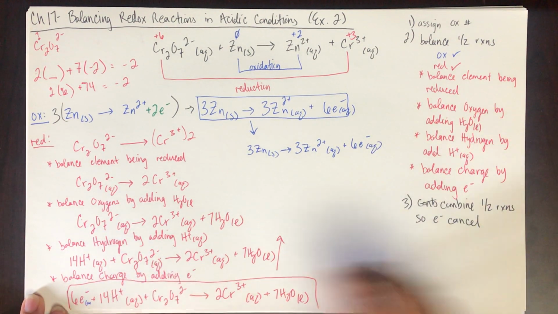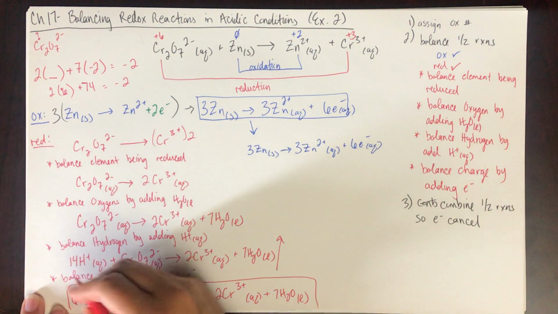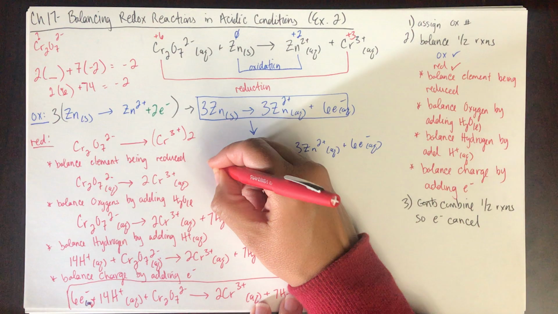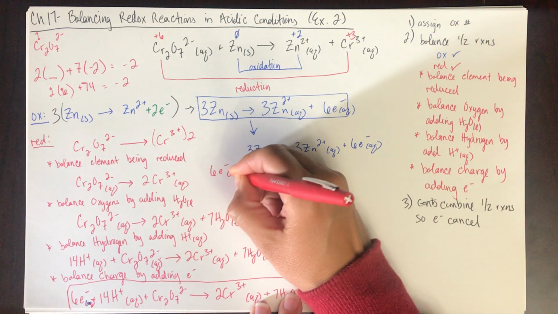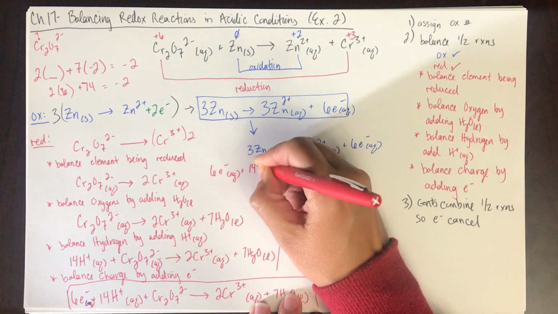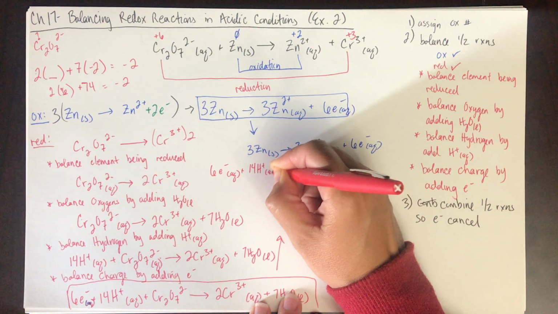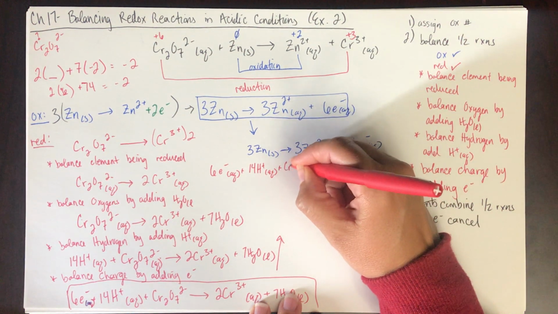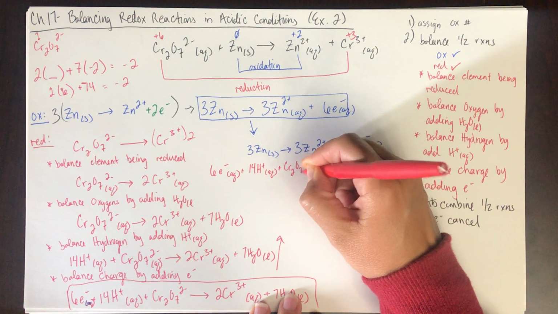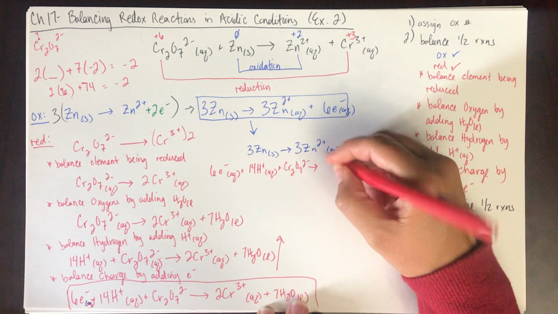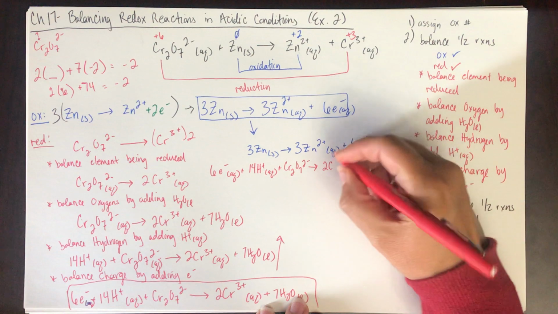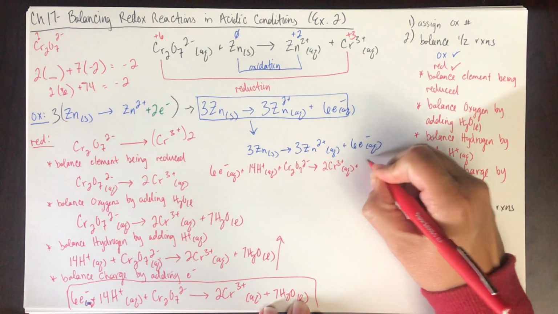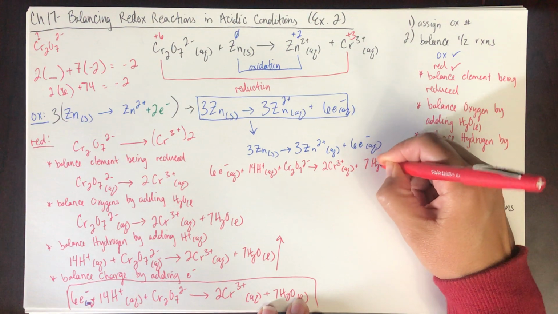Electrons are aqueous. Now 6 electrons plus 14 hydrogen ions plus the dichromate ion produces 2 chromium 3 plus ions plus 7 water.